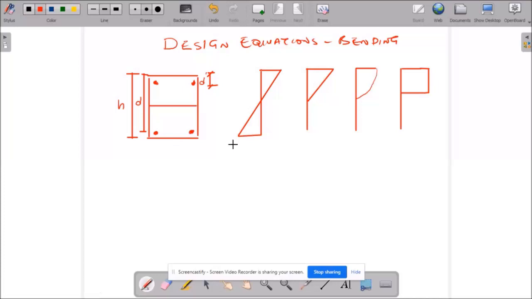Next, this is our strain diagram. So this is steel strain. Then we'll have concrete strain, which is ECC.